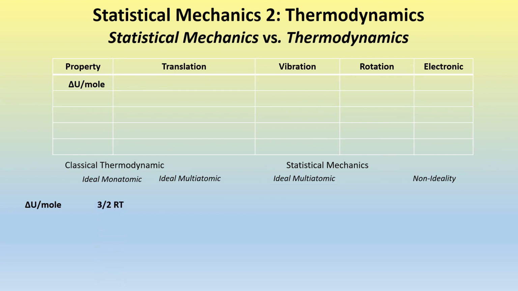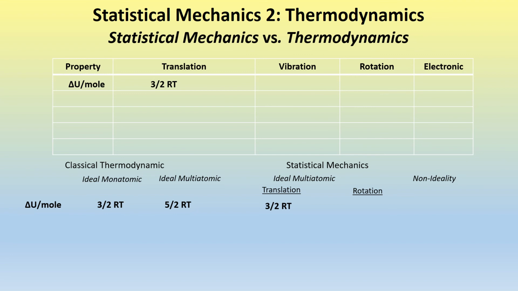This is again taken up in statistical mechanics, where for delta H, your translational energy contributes 5/2 RT. Your rotational energy once again contributes RT to give the 7/2 of the ideal state. And once again, the vibrational energy is what introduces the non-ideality and gives you the actual value of delta H.